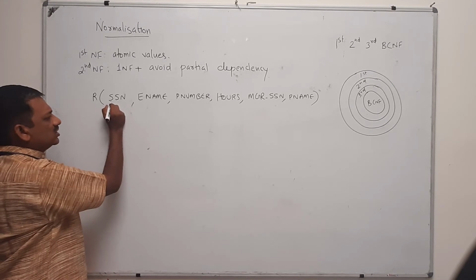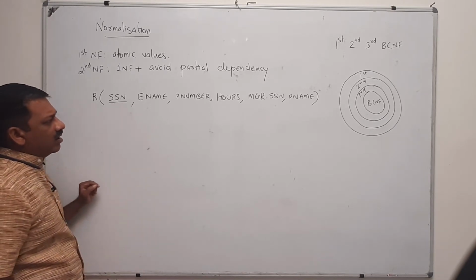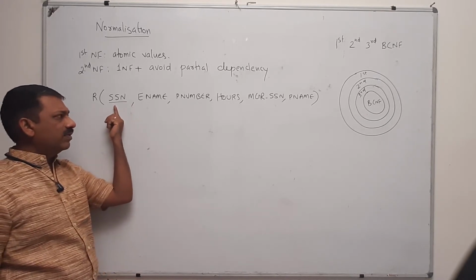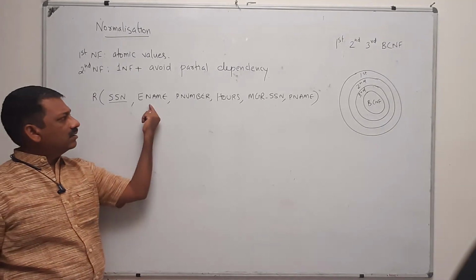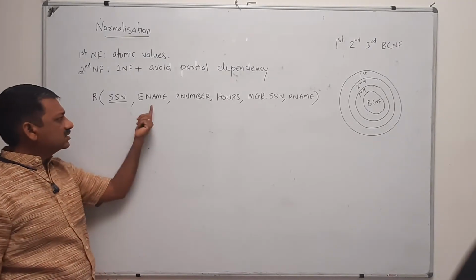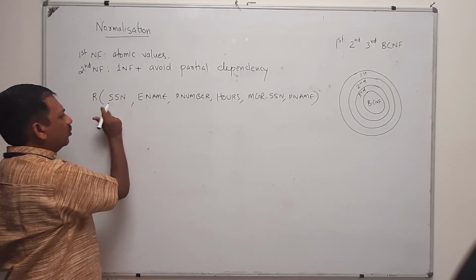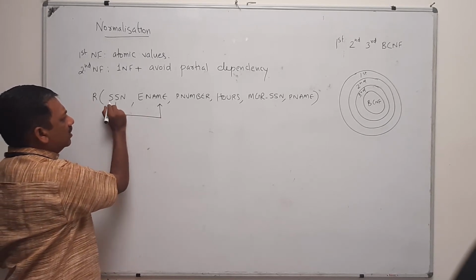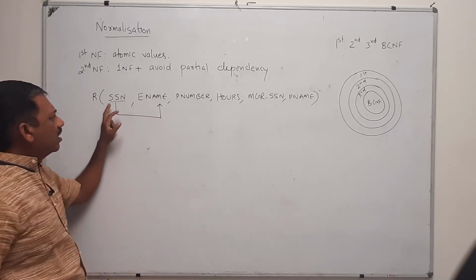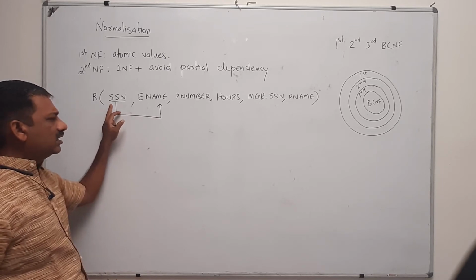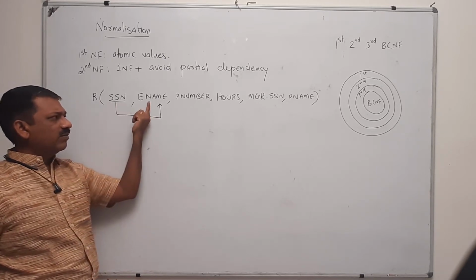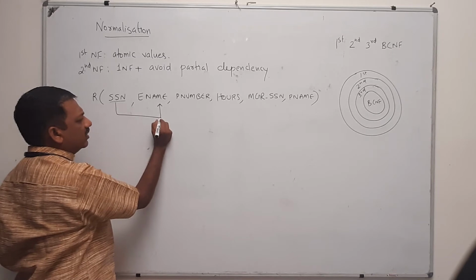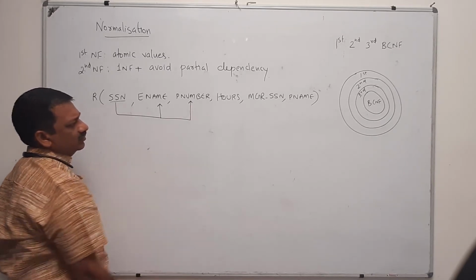The social security number is the primary key. Social security number determines E name. That means once you know the social security number of the employee, then definitely we can get the value of E name, because it is dependent on this. And this is the social security number of the employee and he is working on this project, so social security number again determines project number.